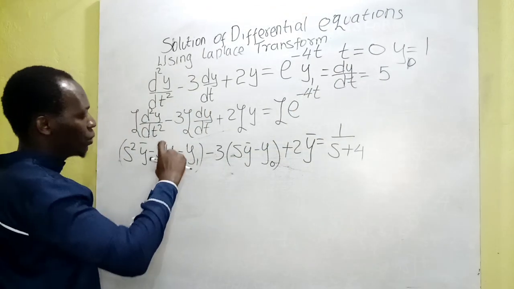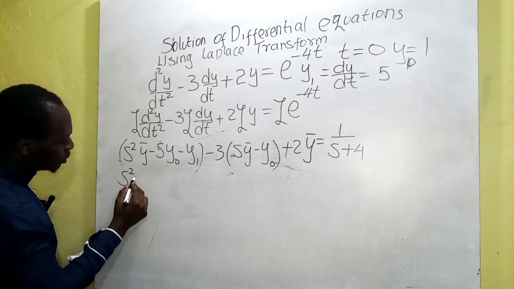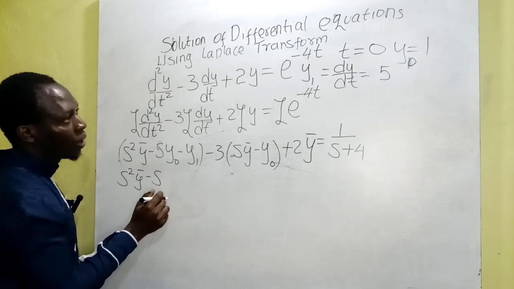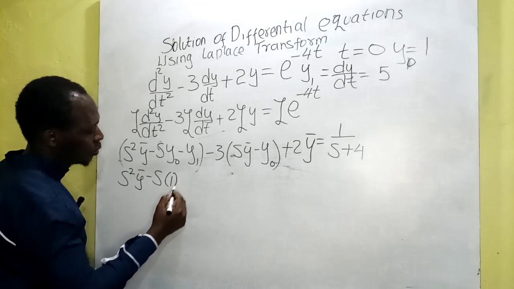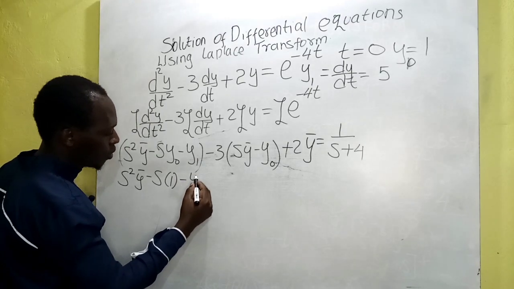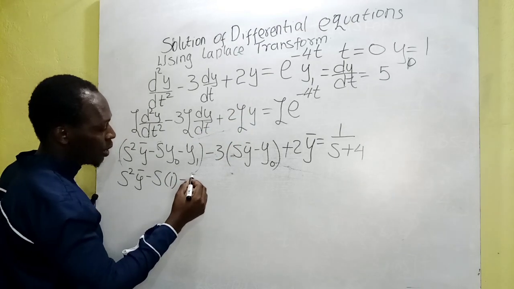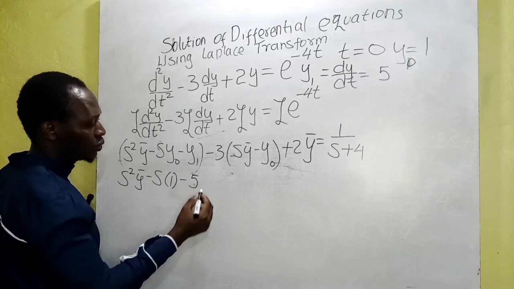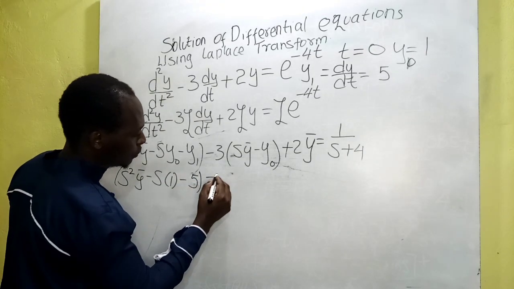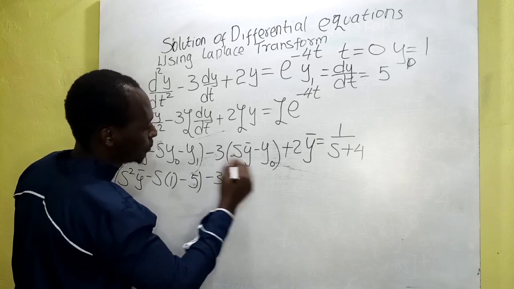To mean that now we replace the conditions, and we are going to have s squared y bar, we subtract s times y naught, which is 1. From there we subtract y1, where y1 is equal to dy with respect to dt, which is 5. We subtract 3s y bar.